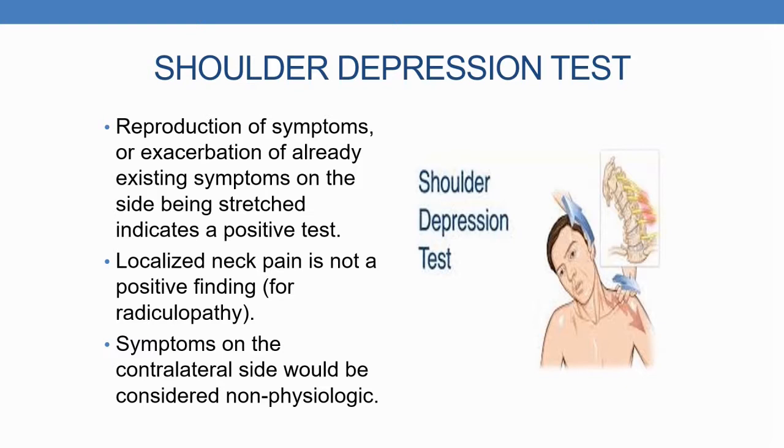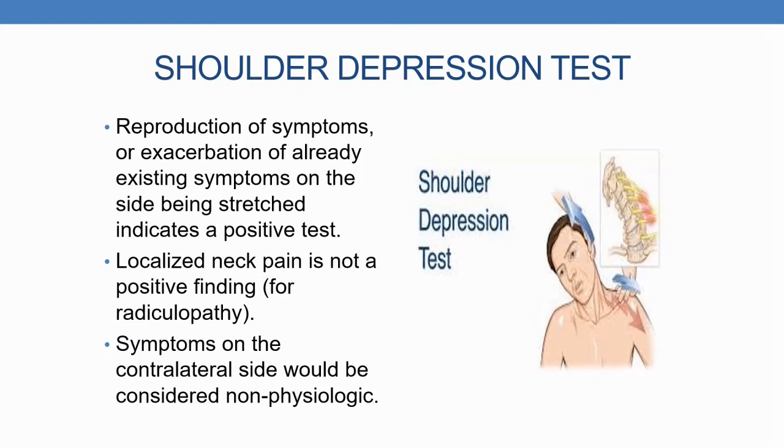Now, reproduction of symptoms or exacerbation of already existing symptoms on the side being stretched indicates a positive test. Localized neck pain is not a positive shoulder depressor test finding. Doesn't mean that this maneuver does not cause localized neck pain. It can, especially in the case of facet capsule irritation. However, it's not considered a positive finding for radiculopathy.